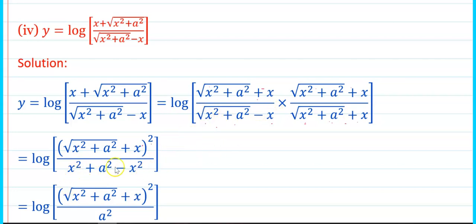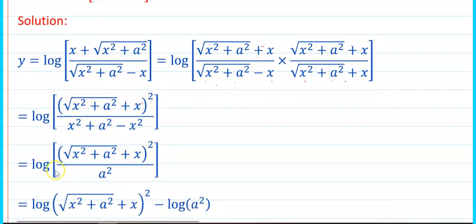पुन्हा plus x square minus x square get cancelled, and next step: log of, in root of x square plus a square plus x, bracket square as it is, plus x square minus x square get cancelled. You are getting the a square. Okay. Now here पुन्हा इथे आपण रूल वापरणार. What about that rule? Log of m upon n is equal to log of m minus log of n.